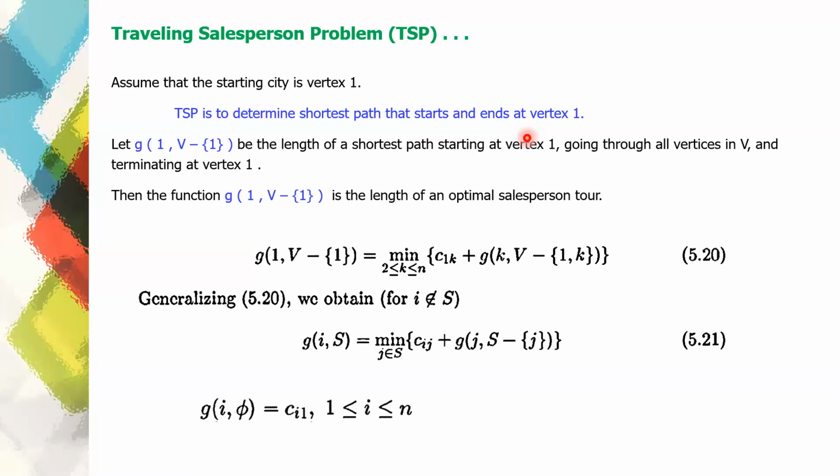So whenever you have been given a starting city, the challenge is to find the shortest path through which all the remaining cities will be visited and the salesperson will return back to the vertex number 1.